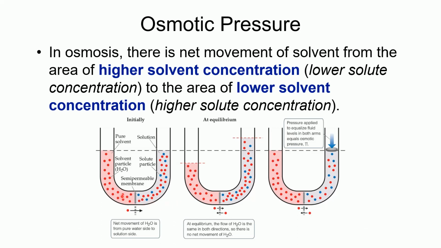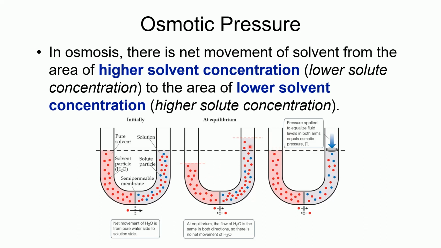Well, that is going to continue to occur until one of two things happens. One, it is possible that you could get the same concentrations, although if you started with pure solvent over here, that wouldn't quite work. But it'll get to the same concentration, or we'll get to the point where there's a big enough difference in the pressure because of the height of this column to stop the flow. Well, that height is called the osmotic pressure.